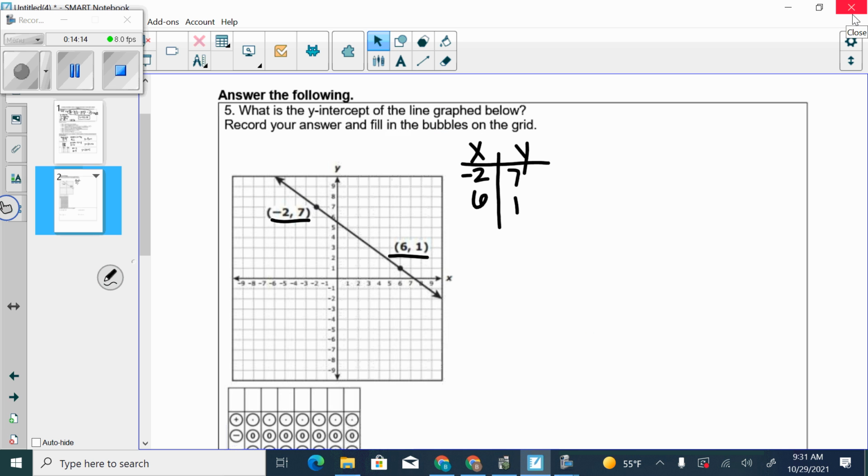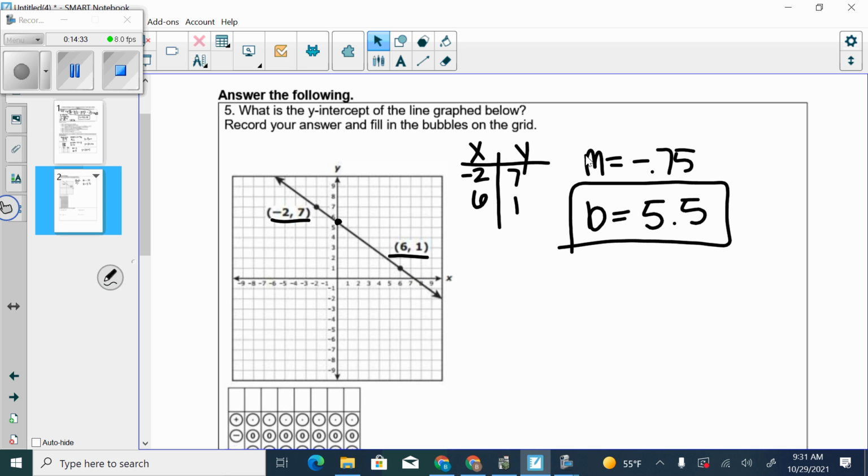Okay, so our A, or M, was -0.75 and our B is 5.5. Alright, and we know that B is the one that represents the y-intercept. So that would mean that the y-intercept is at 5.5, or the coordinate point 0, 5.5. Either one would work.